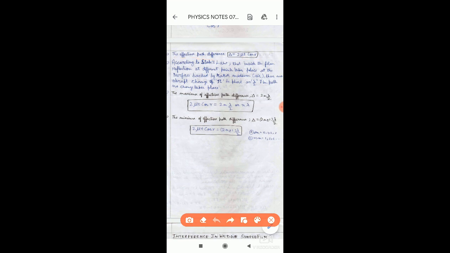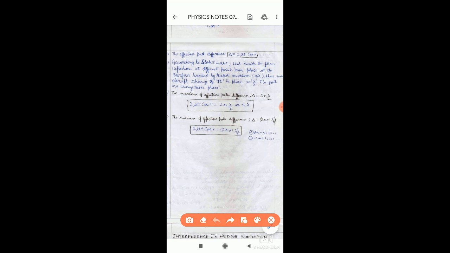According to Stokes' law, inside the film, reflection at different points takes place at the surface backed by rarer medium, thus no abrupt change of pi in phase or lambda by 2 in path difference takes place.